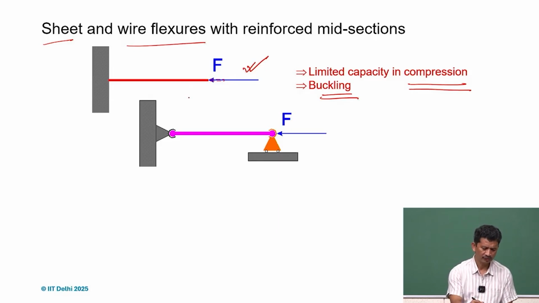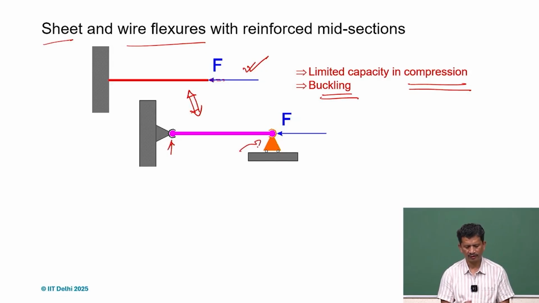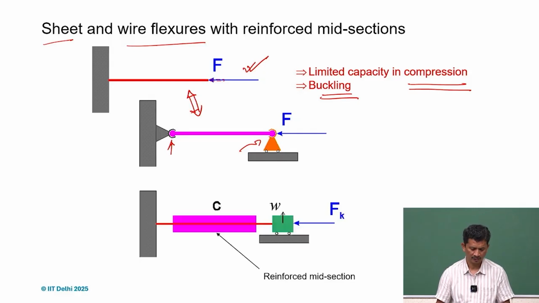These are equivalent, so we can always have an equivalent model. As it deforms, we can find the hinge here, and it is supported, so we apply force F, and before it buckles, it's very safe.